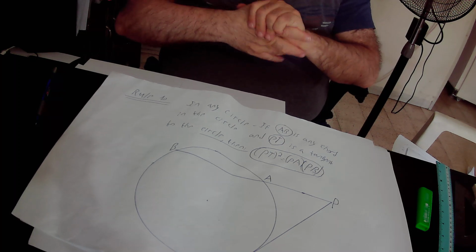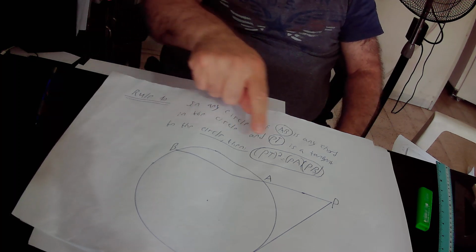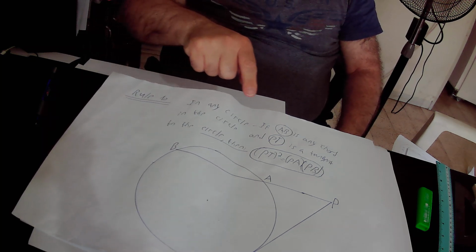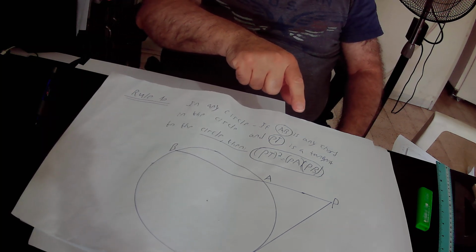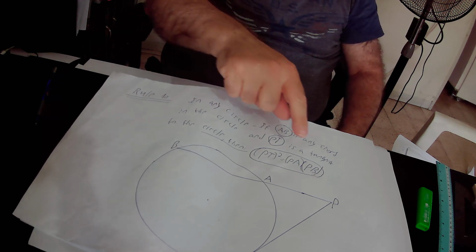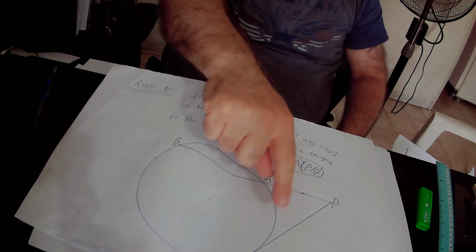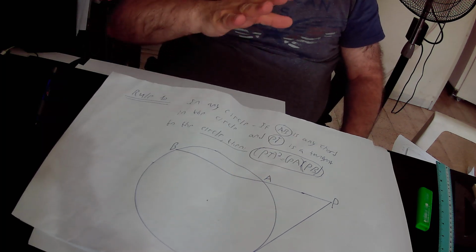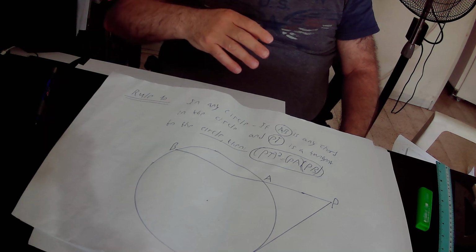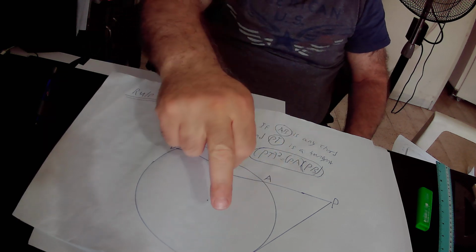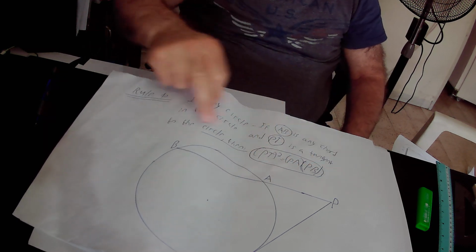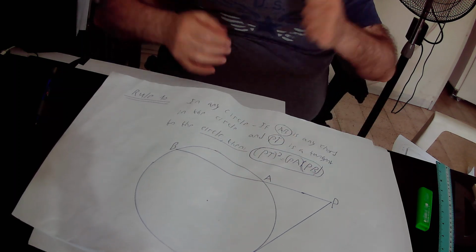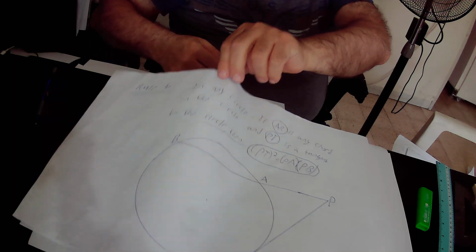In any circle, if AB is a chord of this circle, and PT is tangent to the circle at point T, then the following equation will be true: PT square equals PA times PB. Again, PT square equals PA times PB. We can definitely implement Rule 10 in our drawing.